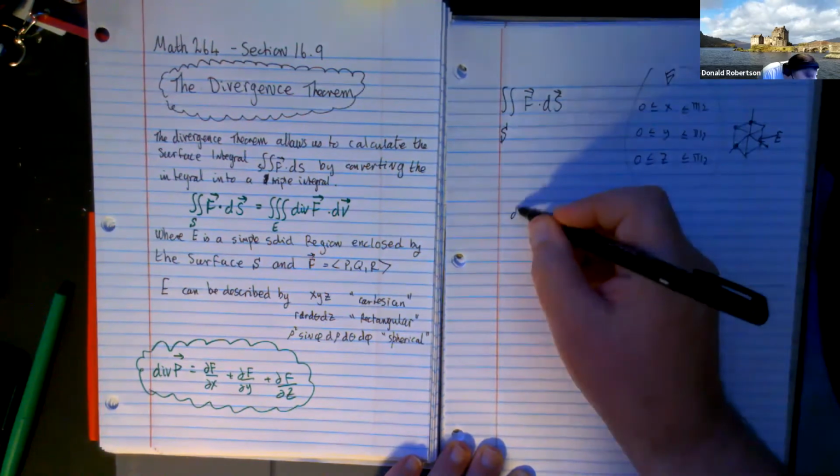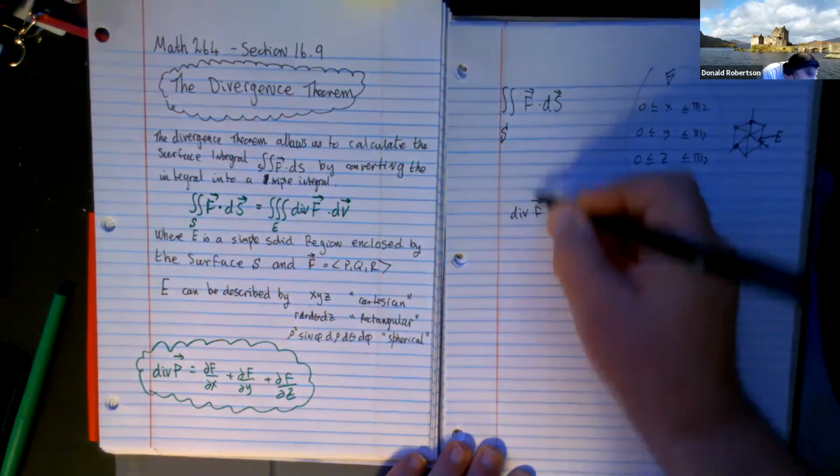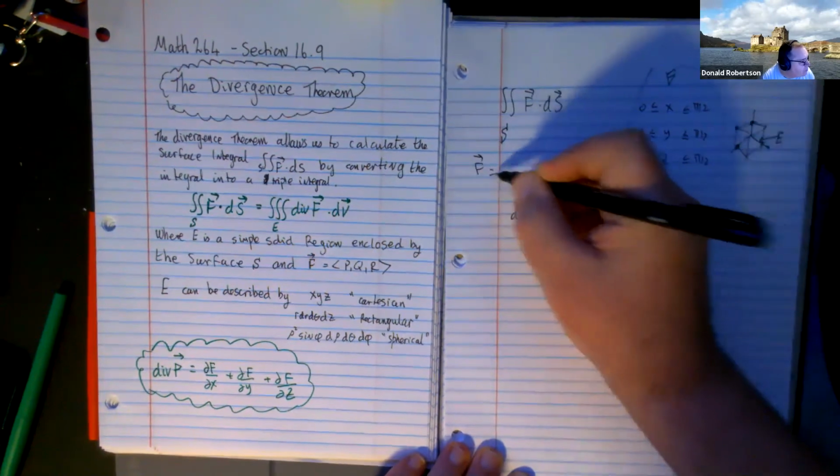All I need to do is find the divergence of F. Well, I guess I should write down who F is before I forget.